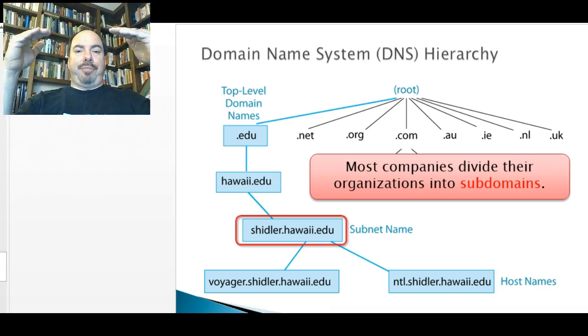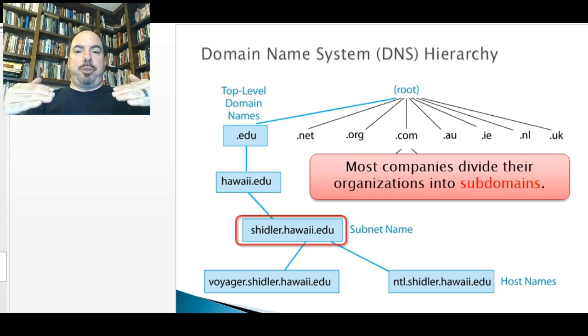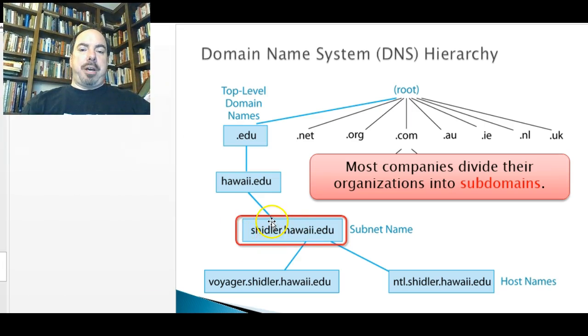Well, let's go down another level. We were at the top level, and then the secondary domain names. Now we're going into subdomains. So subdomains are this bit right before the domain name here. So Scheidler, I think, is a building at Hawaii's university, like our Founders Hall.